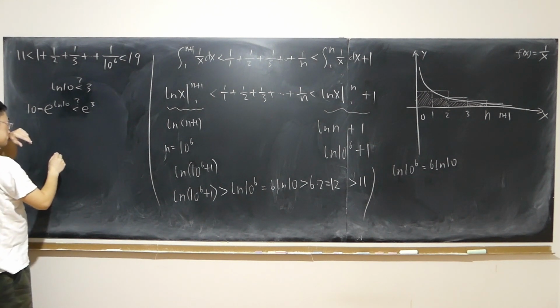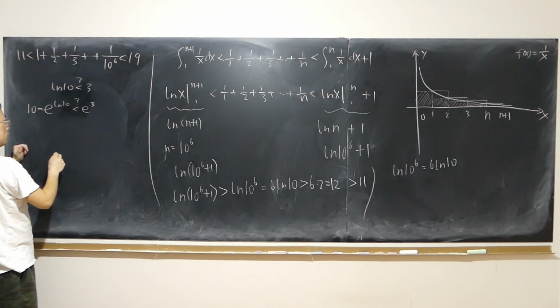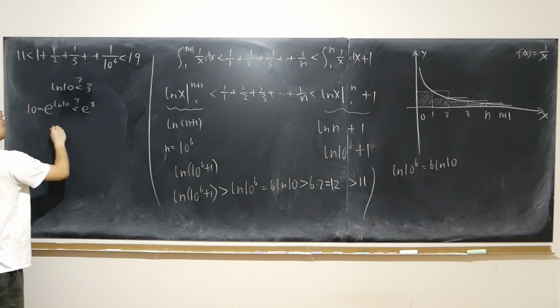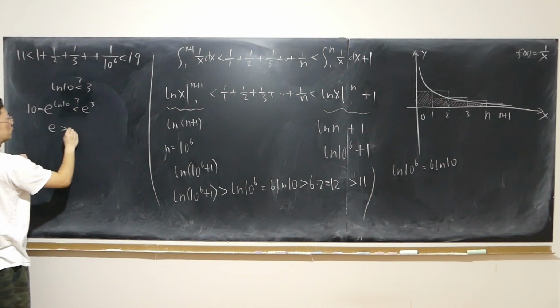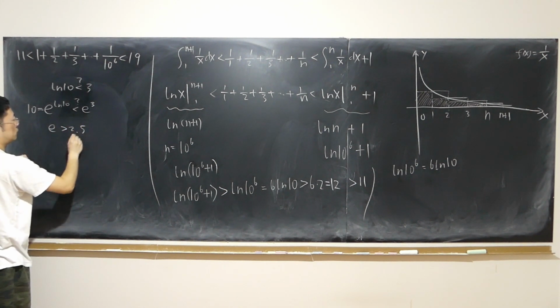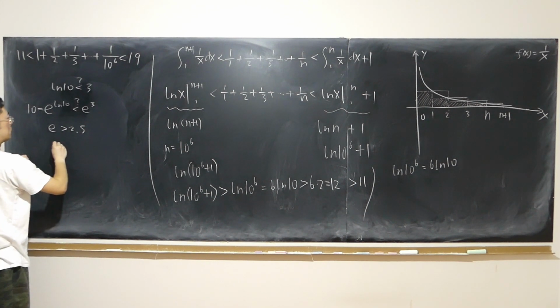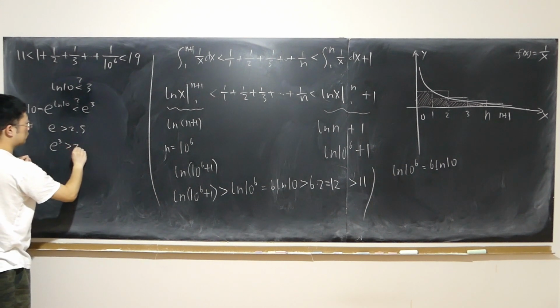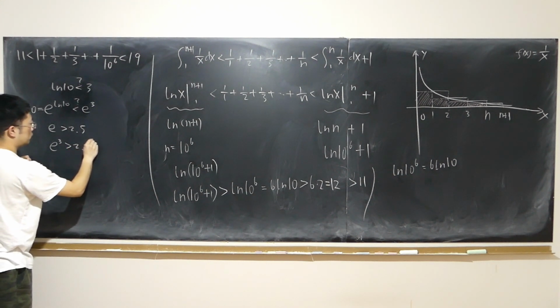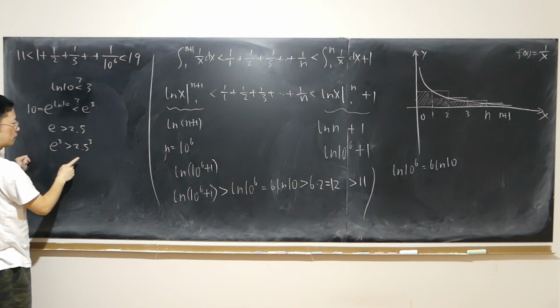So because e is a little bit bigger than 2.5, and so e to the power of 3 is a little bit bigger than 2.5 to the power of 3, right?